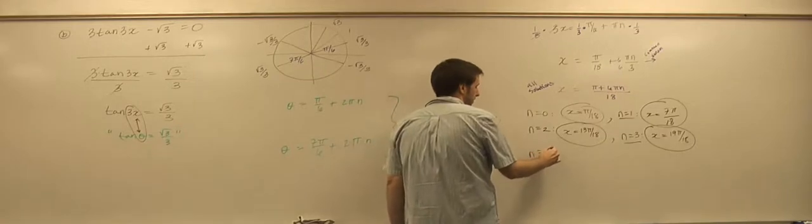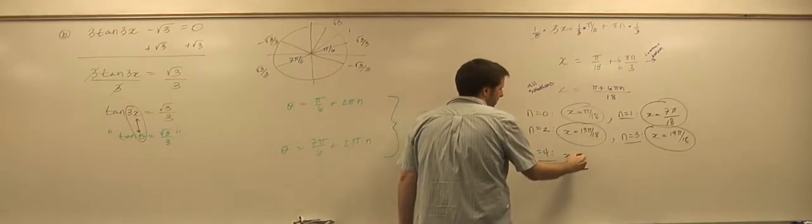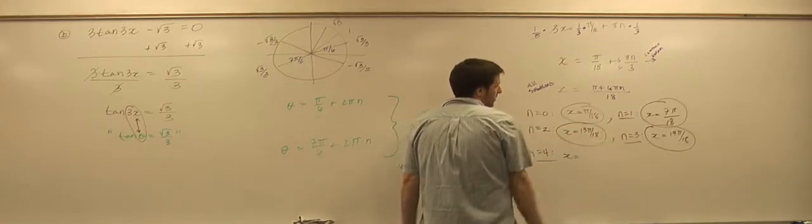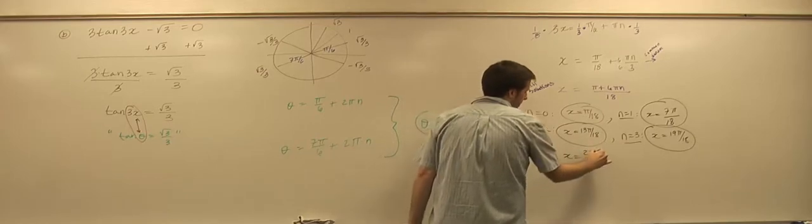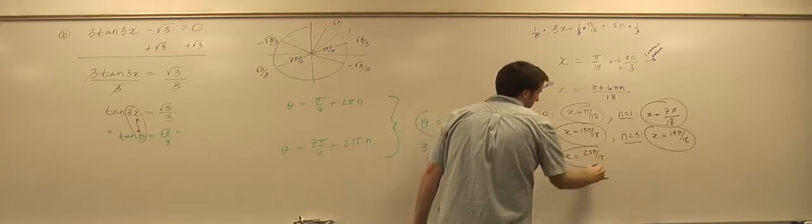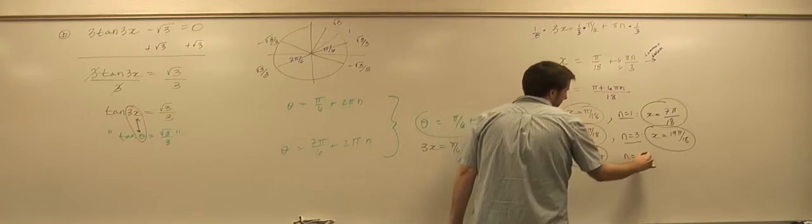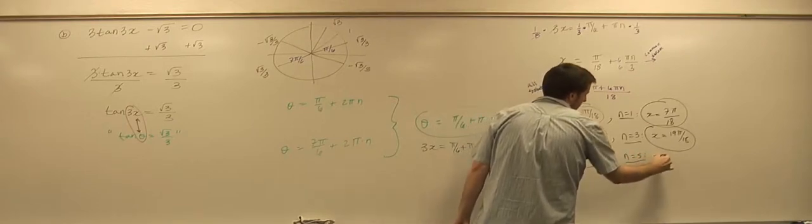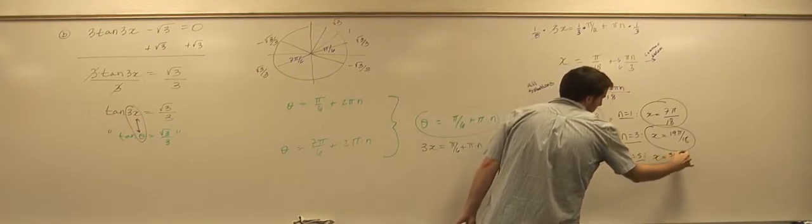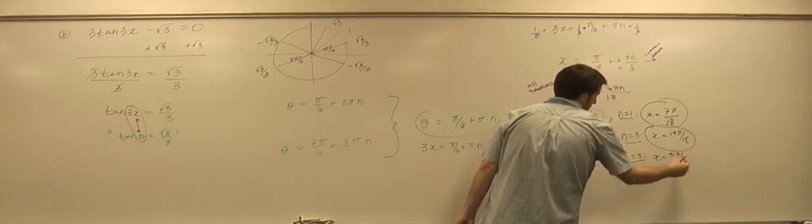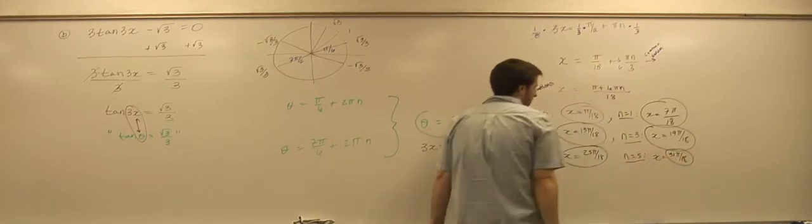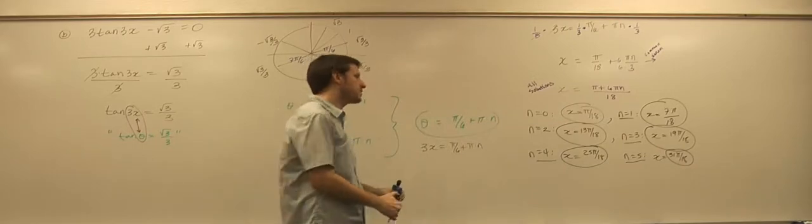N equals 4 will be another 6 pi added to that. N equals 5, another 6 pi added to that. What about n equals 6?